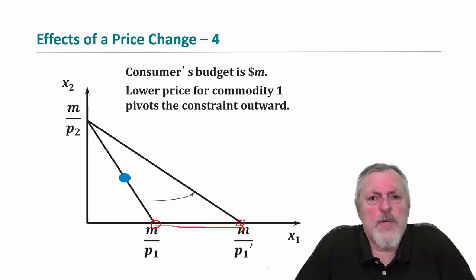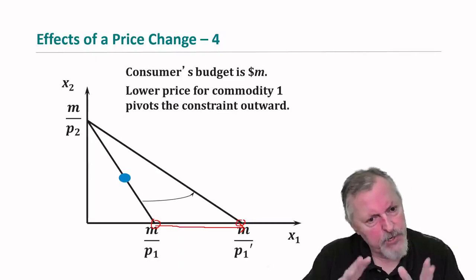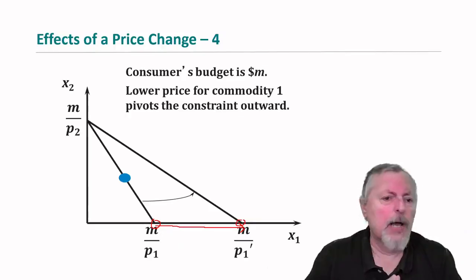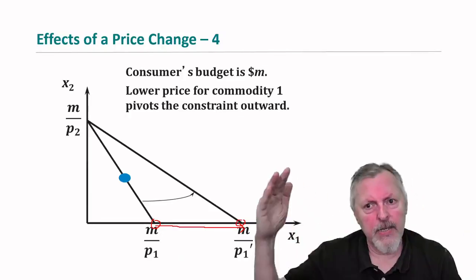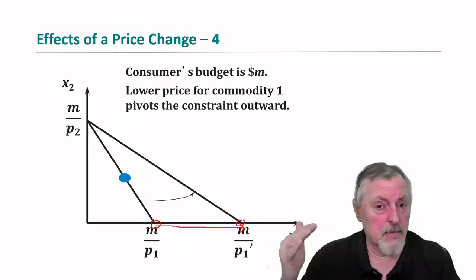Well, we know that geometrically, looking at the budget line, how far in or out it is from the origin is income.